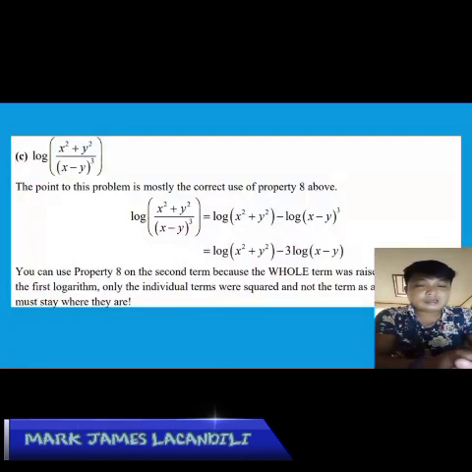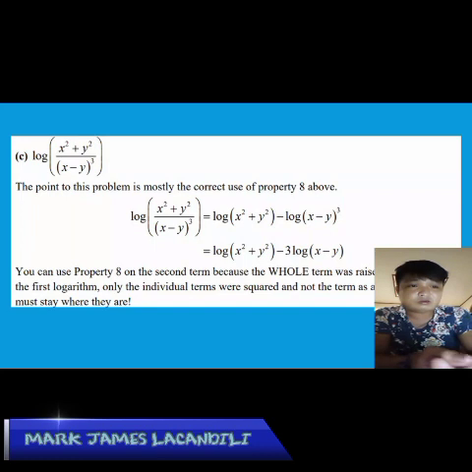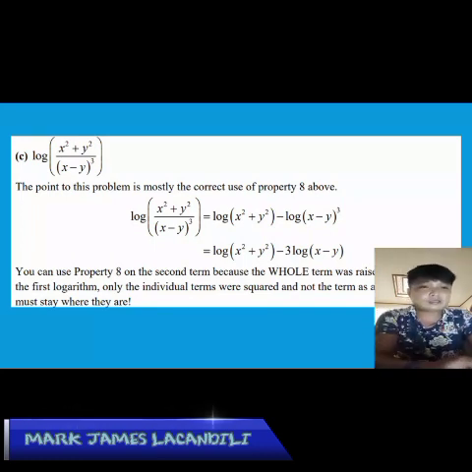And the log of x squared plus y squared over x minus y cubed. The point to this problem is mostly the correct use of property 8 above. So log of x squared plus y squared over x minus y cubed is equal to log of x squared plus y squared minus log of x minus y cubed, which is equal to log of x squared plus y squared minus 3 log of x minus y.